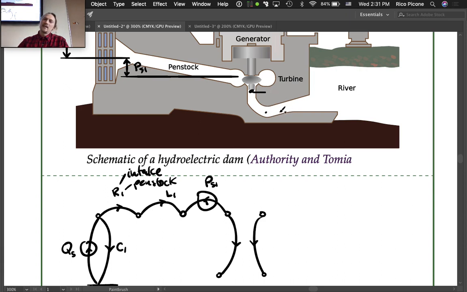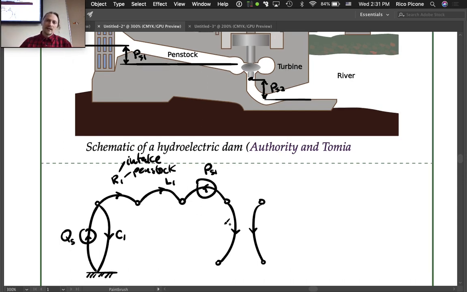It looks like there's going to be some drop, some head between that height and the outlet height. And so that's going to create another head. So we'll call that PS2, and that'll also be a constant as well.